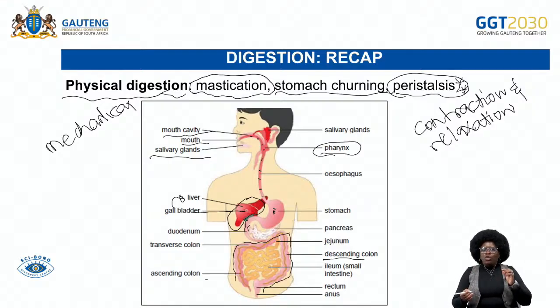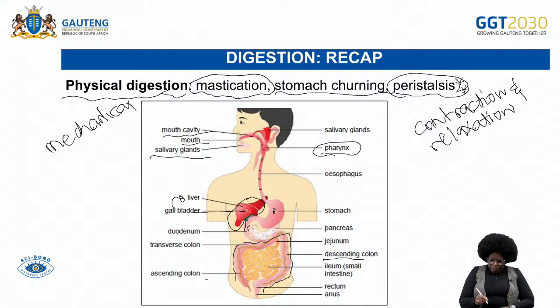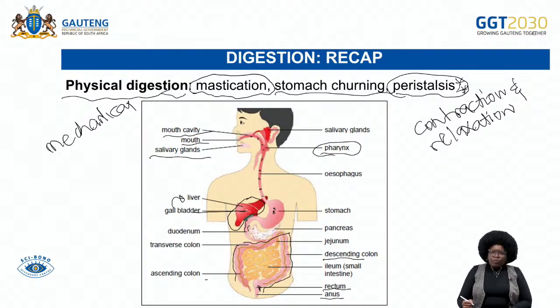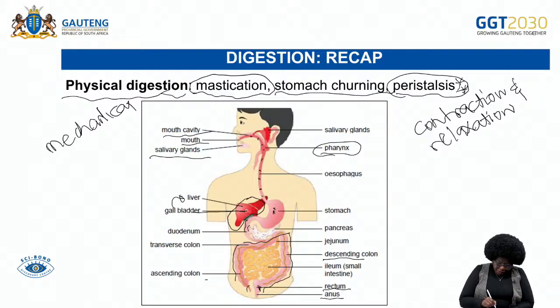Very important for you to note is that once we reach the descending colon, this leads to the rectum. Here's the rectum, and now we have the last exit point of our undigested food material, which is the anus.